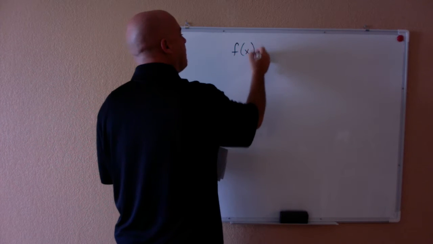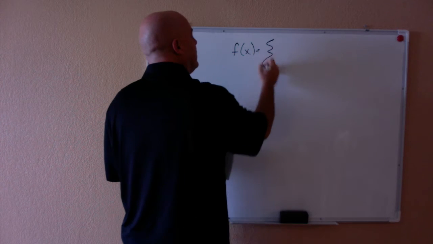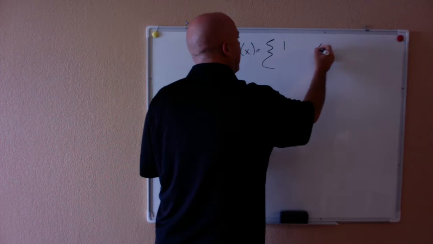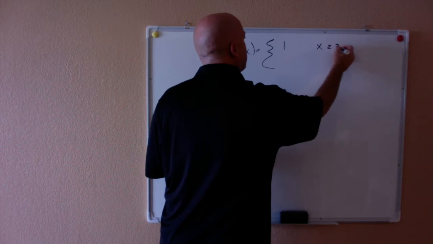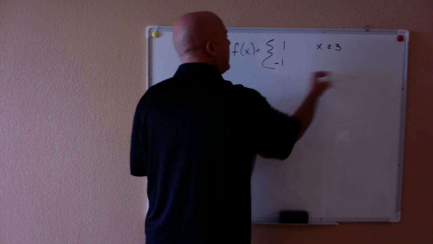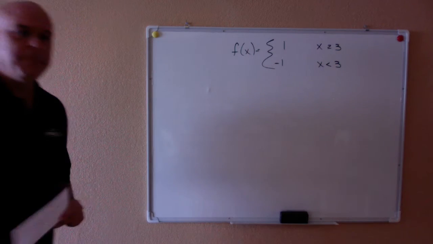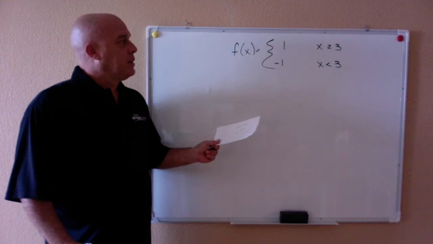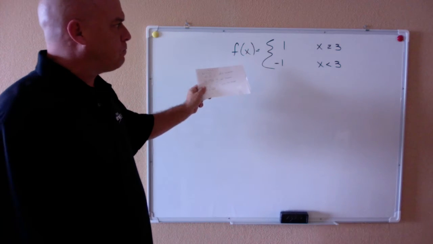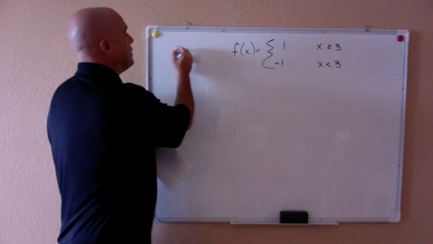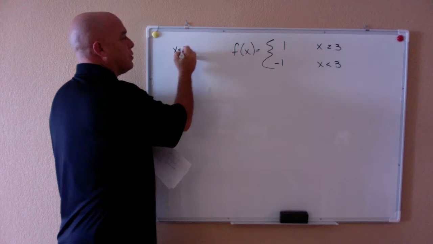Let's say that we've got f of x is going to be equal to 1 if x is greater than or equal to 3, and it's going to be equal to negative 1 if x is less than 3. Okay? Now, I'm going to look at this and we're going to see if it's continuous at x equals 3.